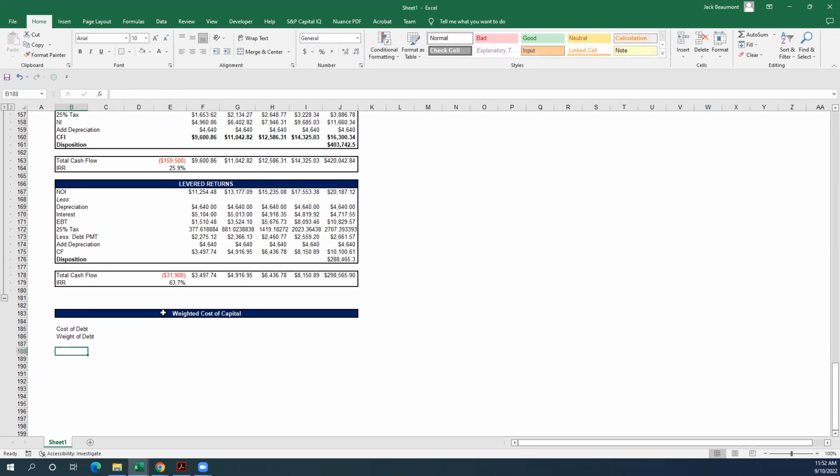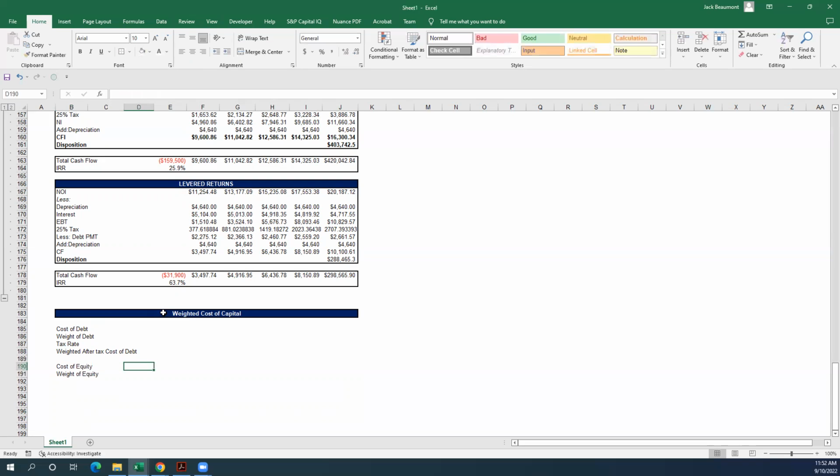Then we're going to have our tax rate, and then our weighted after-tax cost of debt. And then we're going to have our cost of equity, and then our weight.